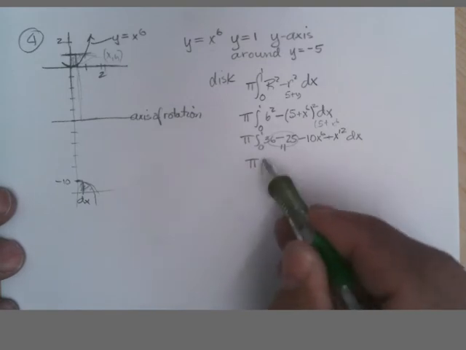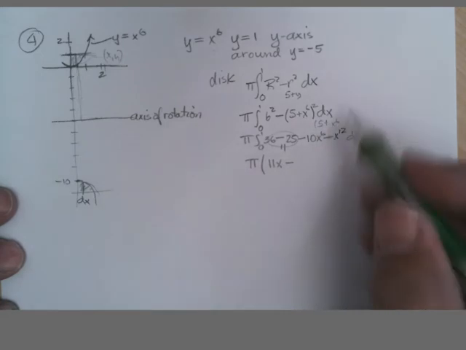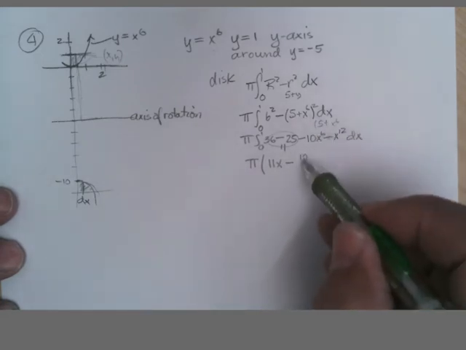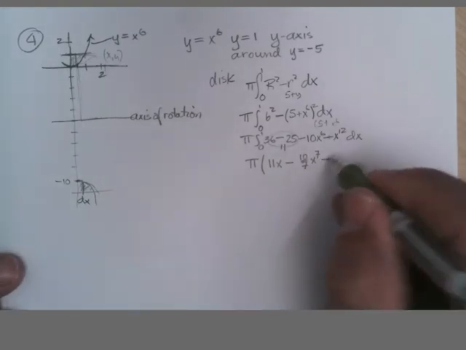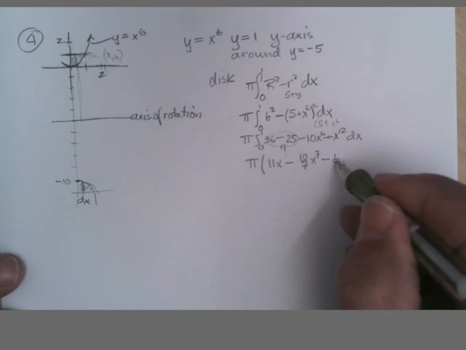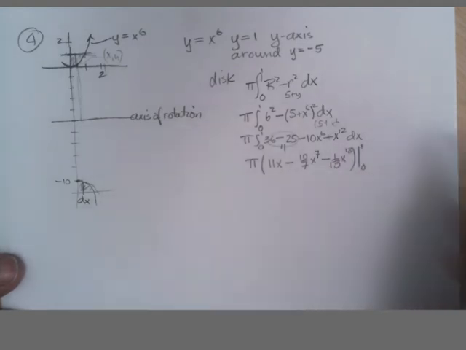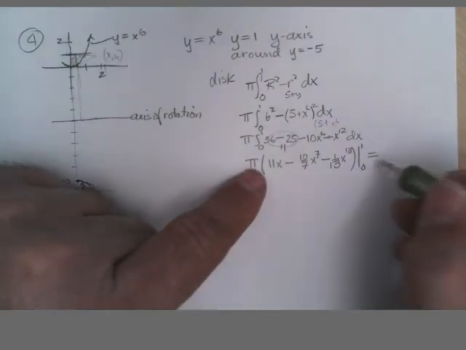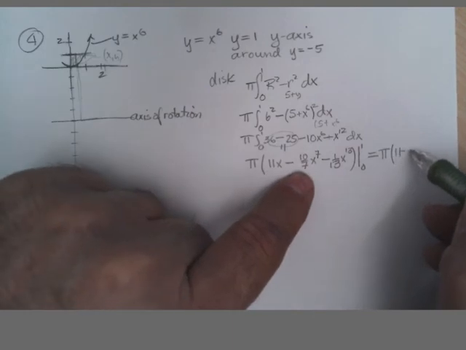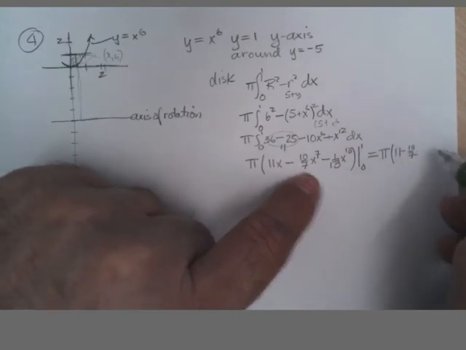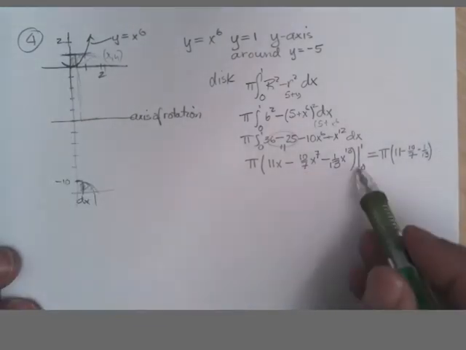So we're going to have pi times 11 integrated is going to be 11x minus, so that'd be 7, so 10 sevenths x to the 7th, minus 1/13 x to the 13th, evaluated from 0 to 1, which is going to be pi, parenthesis, 11 minus 10/7 minus 1/13, minus, put in 0 and you get 0.